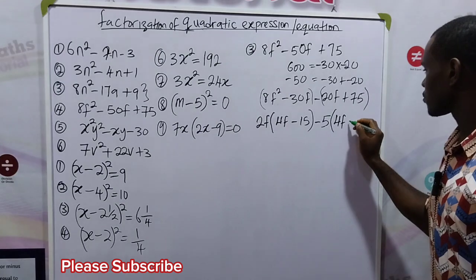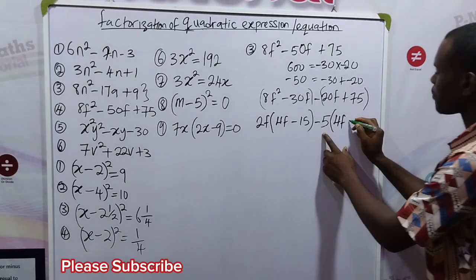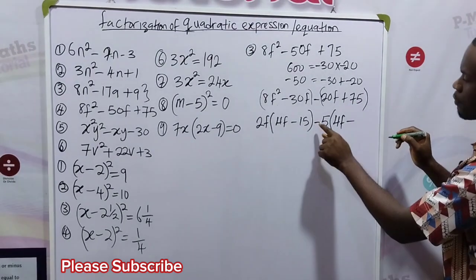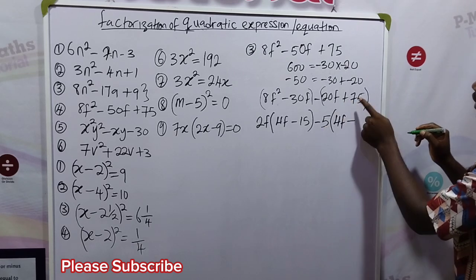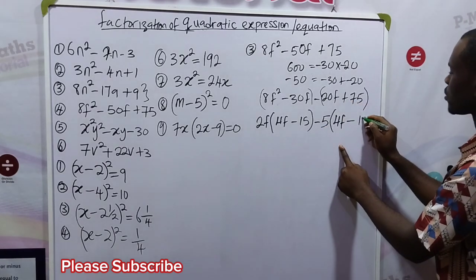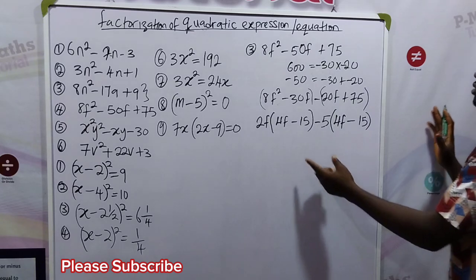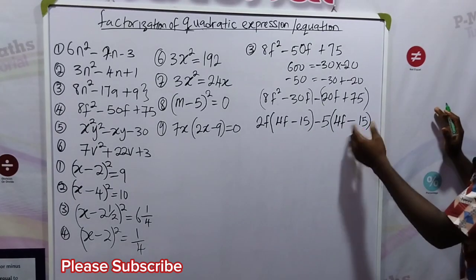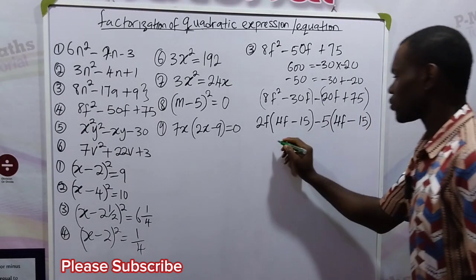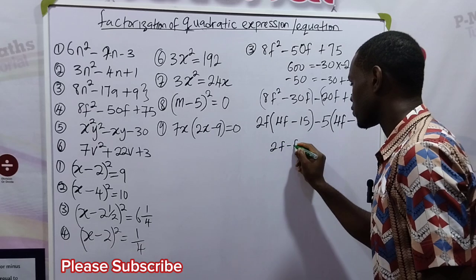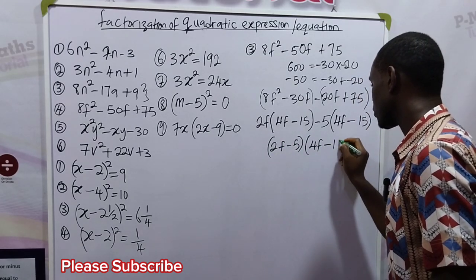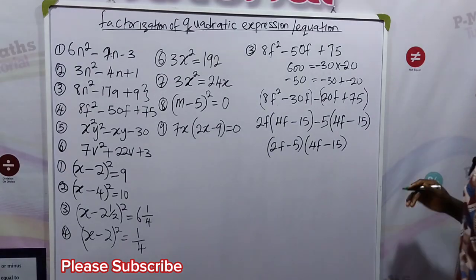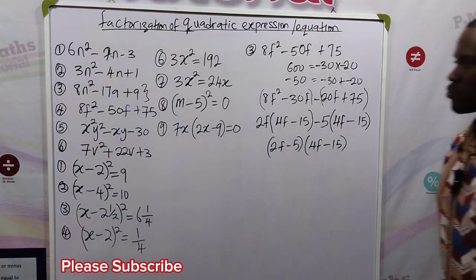Bring it down. Then I'm going to be using minus here because here is negative. Minus times minus will give me plus. So 5 divide 75 will give me 15. You can observe that this bracket and this bracket are now equal. They are same. So we are going to have 2f minus 5 and then 4f minus 15. That's it. We have factorized this one as well.